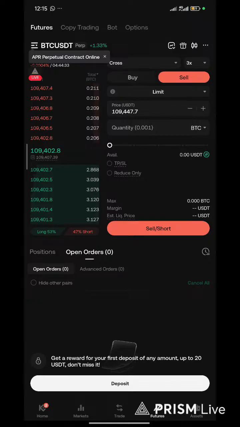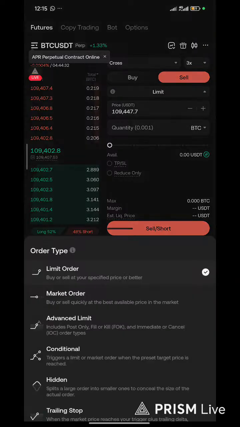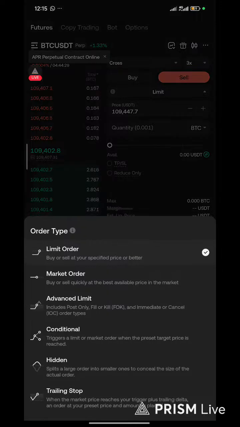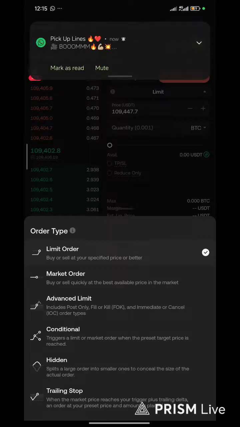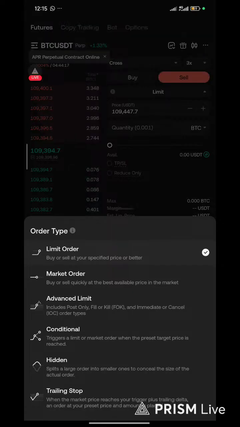Now we also have limit and market. You also have limit order, market order, advanced limit. But for beginners, we are going to explain only the limit and the market order. Now, market order.